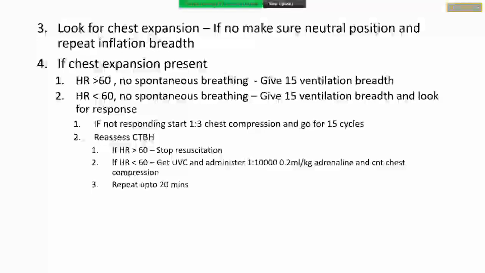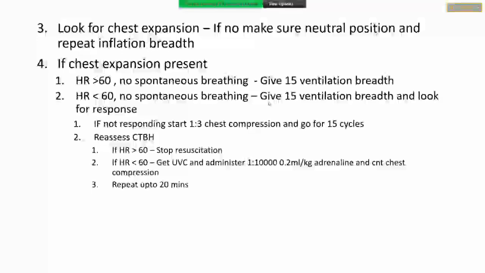But if even after the ventilation breaths the child is not responding properly, then we have to start the cardiopulmonary resuscitation, CPR, for the child. The ratio we start with for the child is 1:3, one breath to 3 chest compressions.